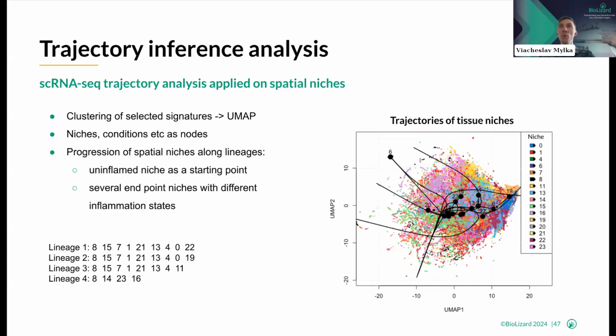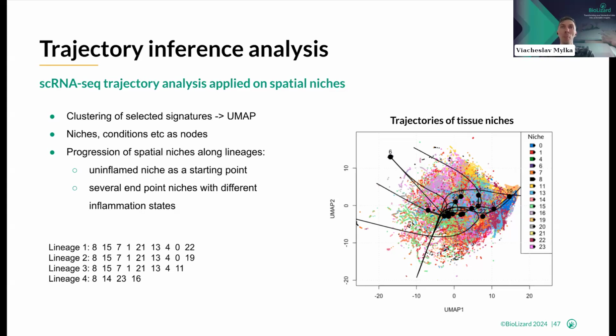And then we can see how those spatial niches link to each other, how they go to a bifurcation point and diverge into, for example, different inflammation states like mild versus severe, or niches that characterize Crohn's disease versus ulcerative colitis in our case. So we can really study those niches at this bifurcation point to understand what drives the pathology.